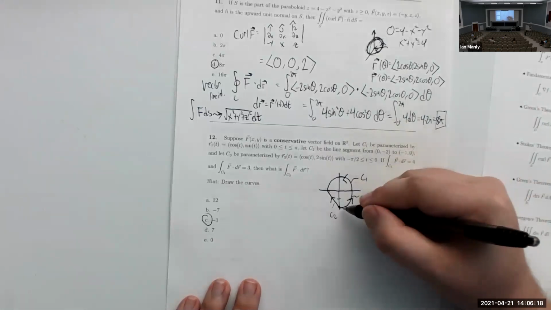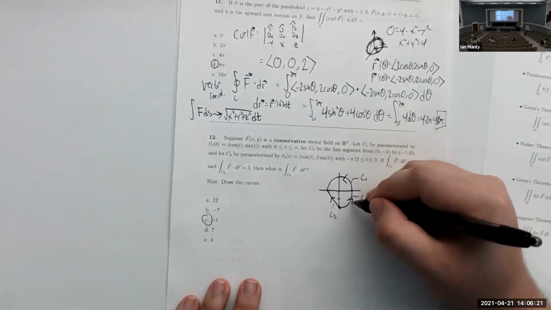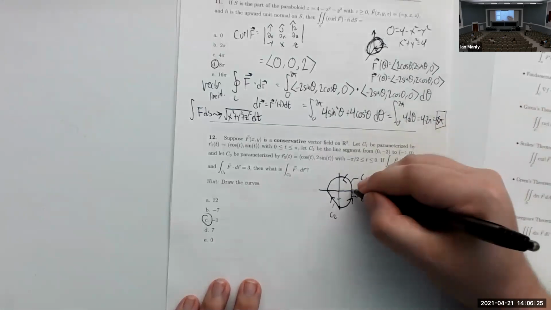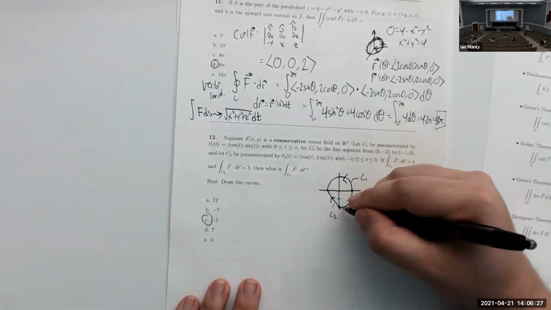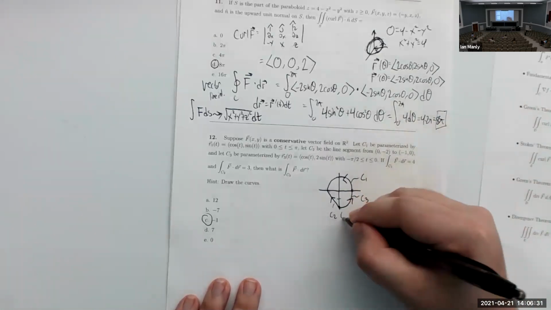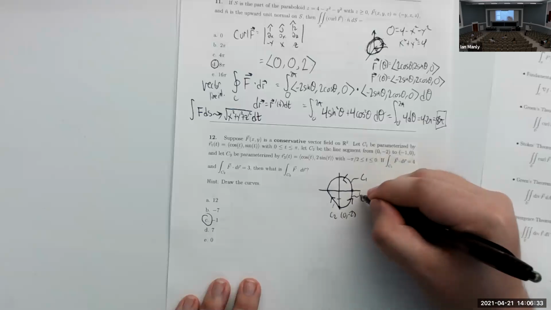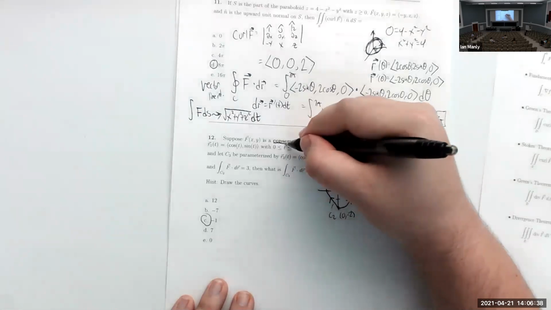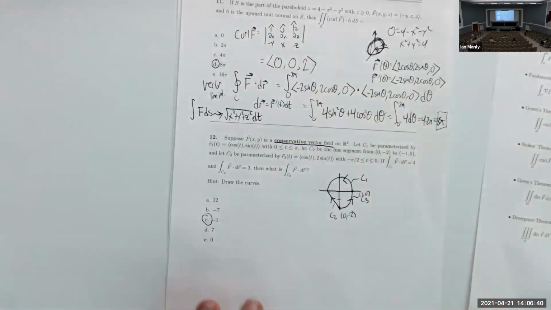Now what they're asking is if we do the line integral along this last segment here, what will that be? Remember, this is not a line segment, remember what this curve is doing. This curve is a path from (0, -2) to (1, 0), right? Now recall that this was a conservative vector field, probably the nicest variety of vector fields we can have.